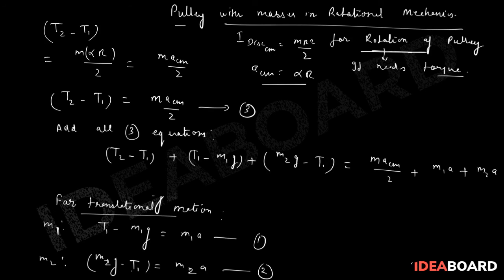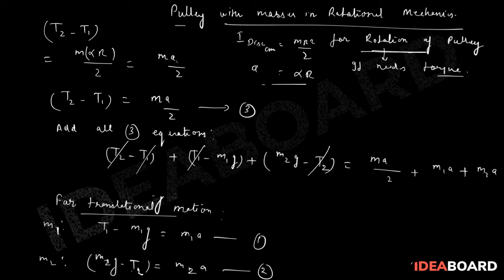Basically this A_CM, what I am writing, this was not A_CM, this is simply A. So I can replace this A_CM because the acceleration is the same as A. Now if you see, T2 and T2 will be cancelled out, T1 and T1 are cancelled out.